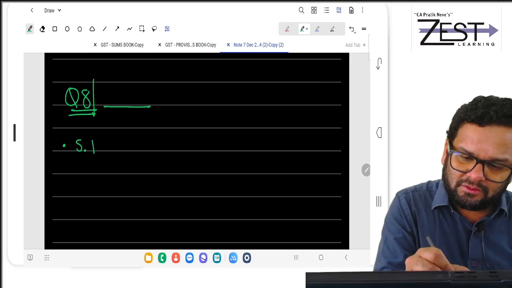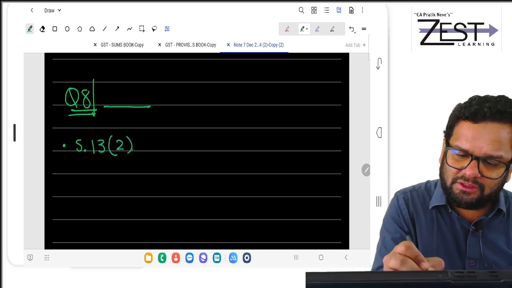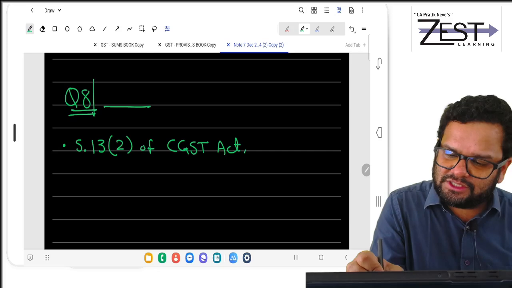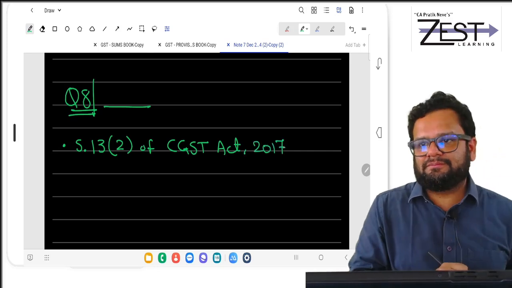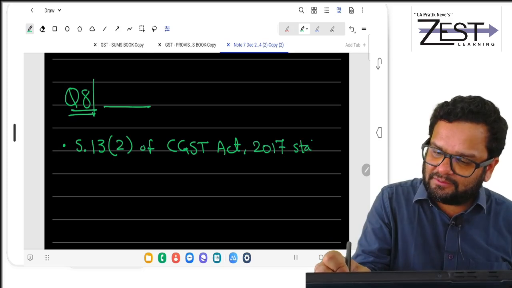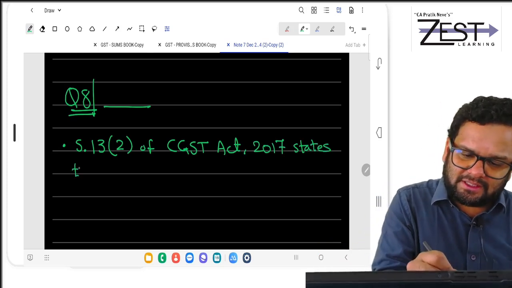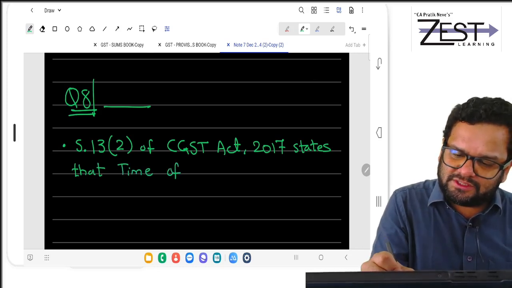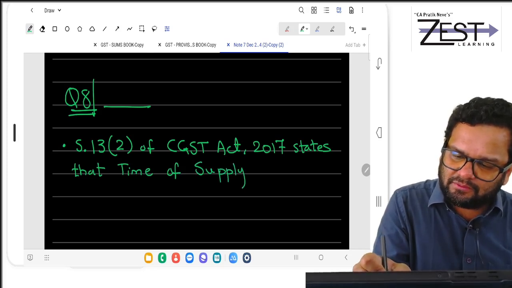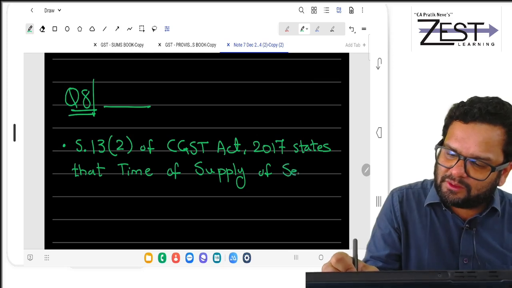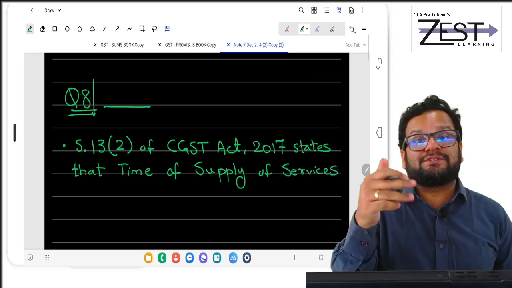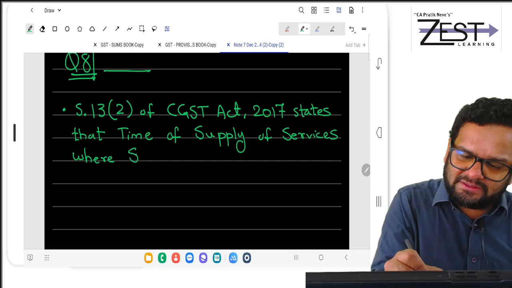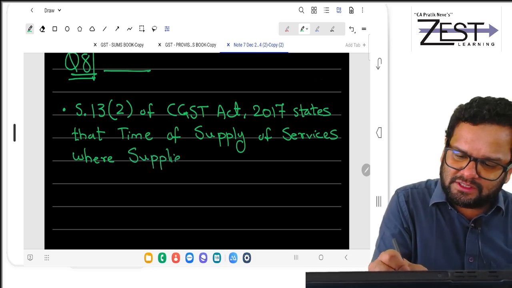Section 13, subsection 2 of CGST Act 2017 states that time of supply of services where supplier is liable to pay GST, isn't it?